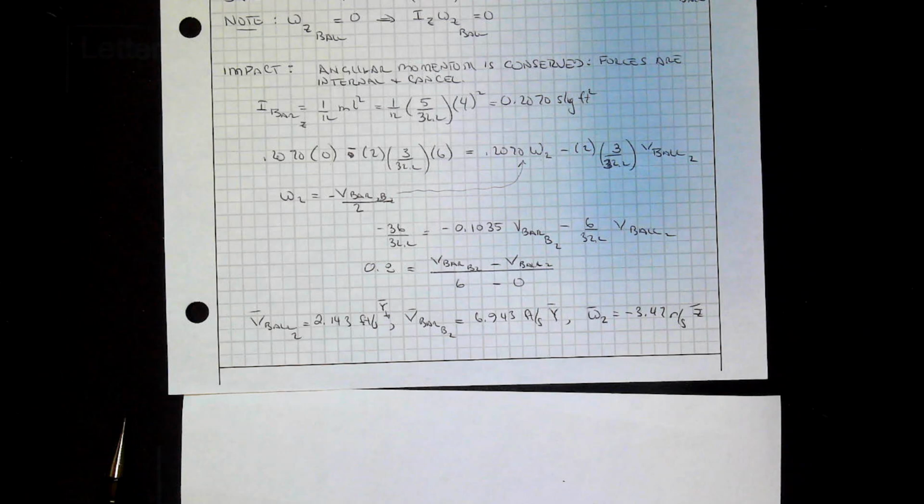We're pointing in the negative x direction. So I should put a minus sign in here. Omega z for the ball is 0. Therefore, the angular momentum about z for this ball is 0.